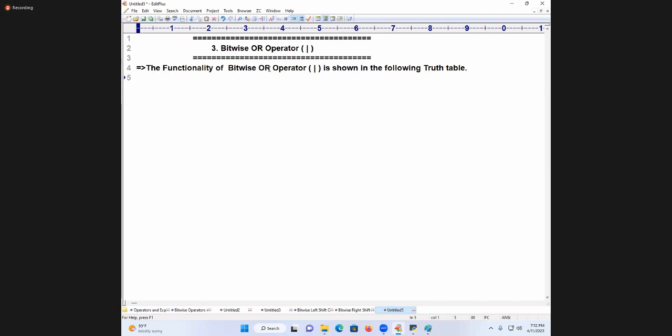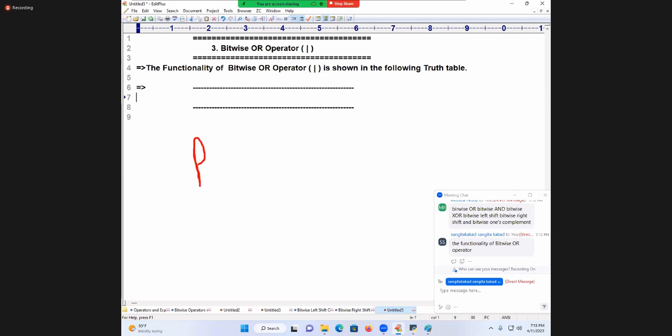What is the truth table? You try to remember. I am going to prepare the truth table for the OR operator. Here I am taking the operating inputs. I told you already yesterday, the logical OR operator takes true and false.